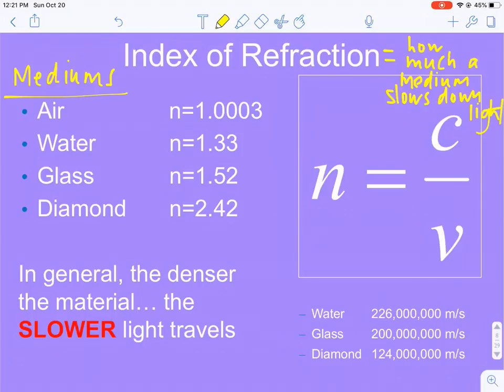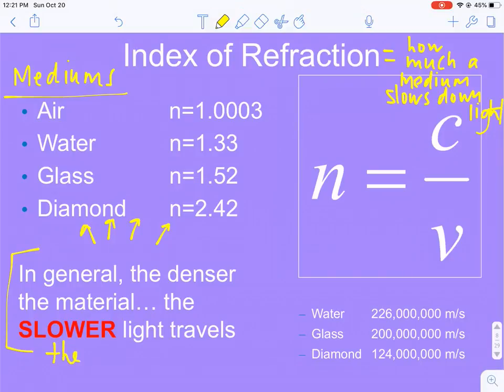So if we look at the examples, something that's not very dense like air doesn't really slow it down. Something that is very dense like diamond does slow it down a lot. And by slowing it down, it's going to refract it more, which is why diamonds are so shiny, because light is bending everywhere. Glass and water are kind of in between.